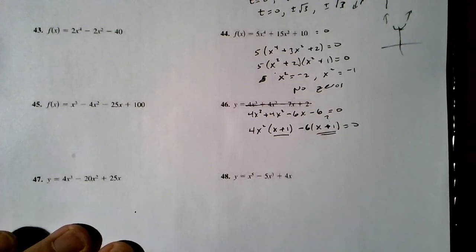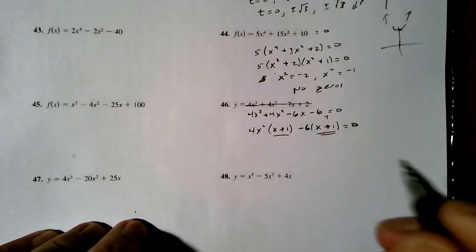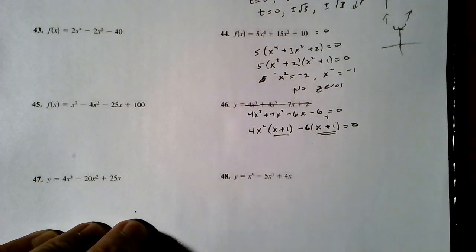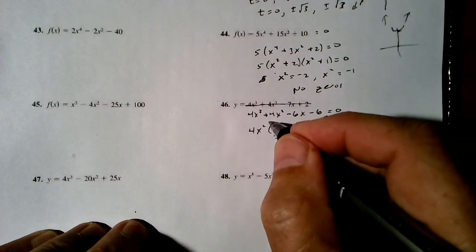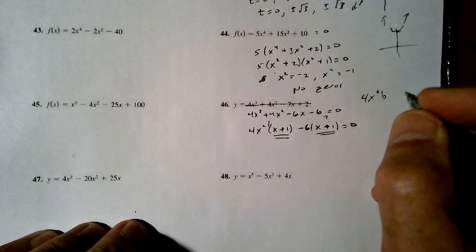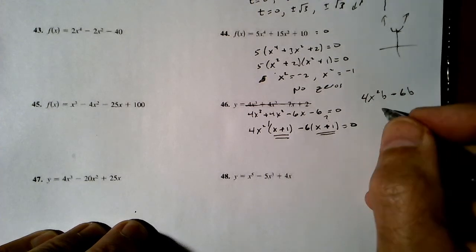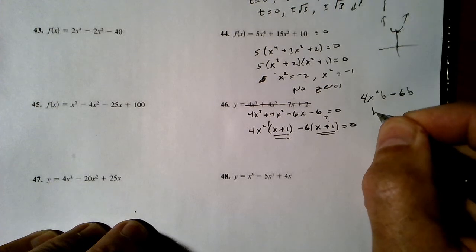And here's the one that's kind of a mystery. I remember when I was sitting in the seats that you guys were sitting in, this was a mystery to me, so I'm going to try to do my best. If I had 4x squared, let's say, times b, minus 6 times b, and I asked you to factor that, I think everyone here would know we could start by taking b out.